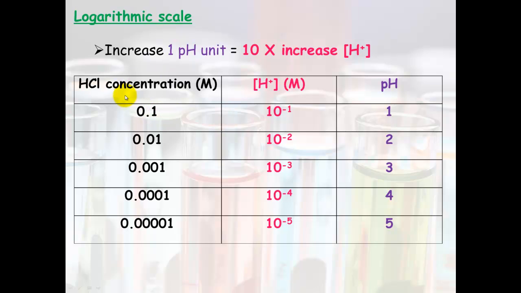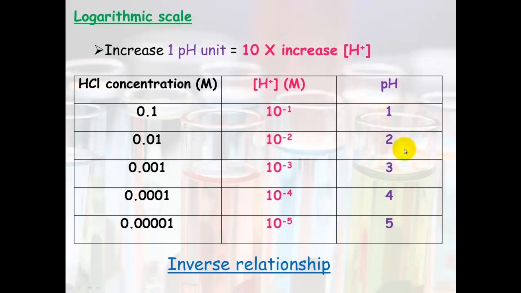So if we look at the concentration here of hydrochloric acid, you'll see that when it's a 0.1 concentration, it has a pH of 1. Yet when the concentration is a lot lower, the pH increases and becomes 5. So this is an inverse relationship. As you decrease the concentration, you increase the pH.